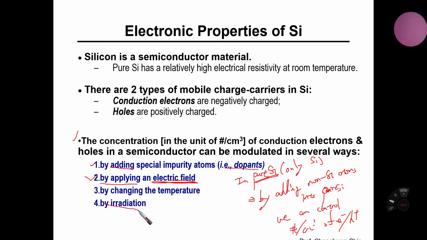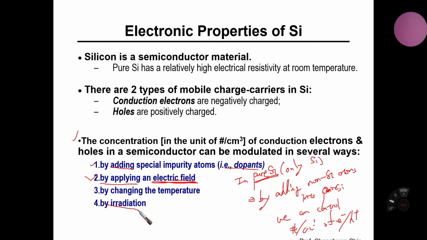Irradiation means that a heavy ion beam, alpha particles, beta particles coming from space will modulate the total number of electrons and holes in crystalline silicon materials. As I told you, the four outermost electrons are relatively loosely bound to the center part of the silicon atom.